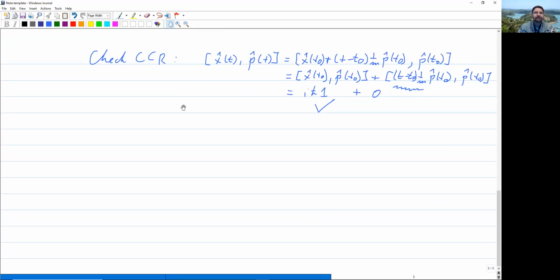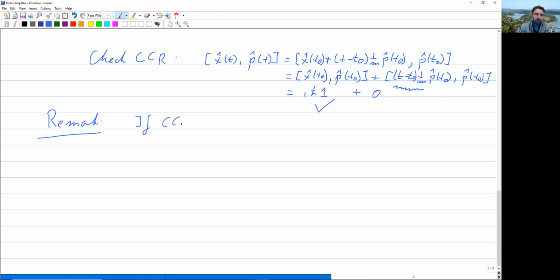It turns out it wasn't necessary to check this, because if you found a solution for a quantum mechanical problem that obeys the canonical commutation relations at the initial moment, t naught, then it will obey the canonical commutation relations forever. That's automatically implied. The equations of motion are always of that form, and there's an elegant way to show that. Remark.